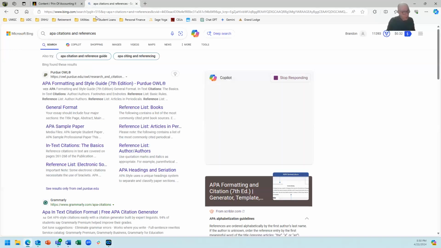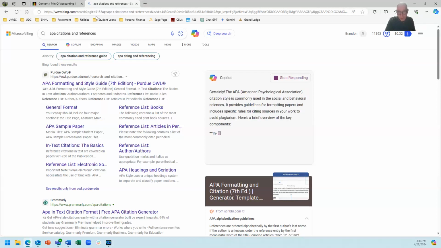And you know this new AI tool and pretty much everything, right? So you see Copilot here on the right side typing out formatting instructions for APA style writing. There's a couple of things you can do to get your references into APA style.